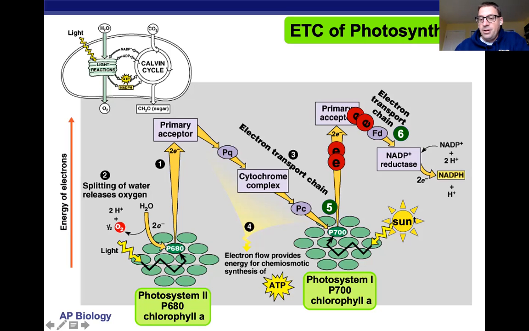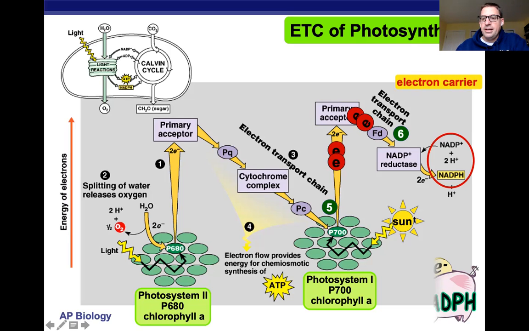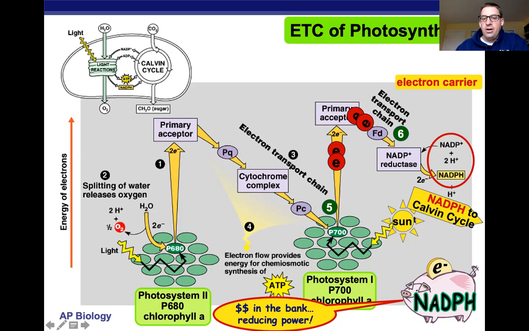An enzyme called NADP plus reductase passes those electrons to NADP plus, generating NADPH. This name should make sense because NADP plus is being reduced. And that NADPH is an electron carrier that is going to head also to the Calvin cycle.